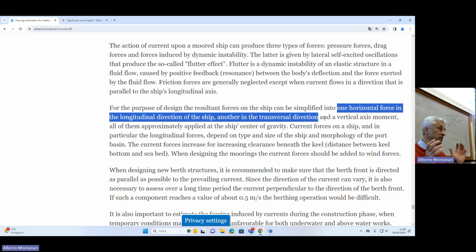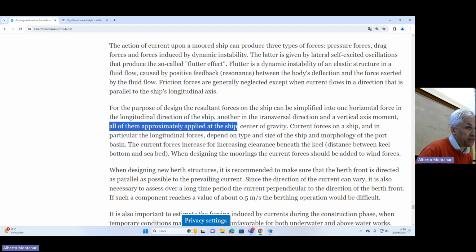We are not expecting this type of rotation with the wave forcing. It is usually negligible, but with currents, which is a consistent mass movement, we may also expect a rotation. All of them are again applied at the ship's center of gravity.